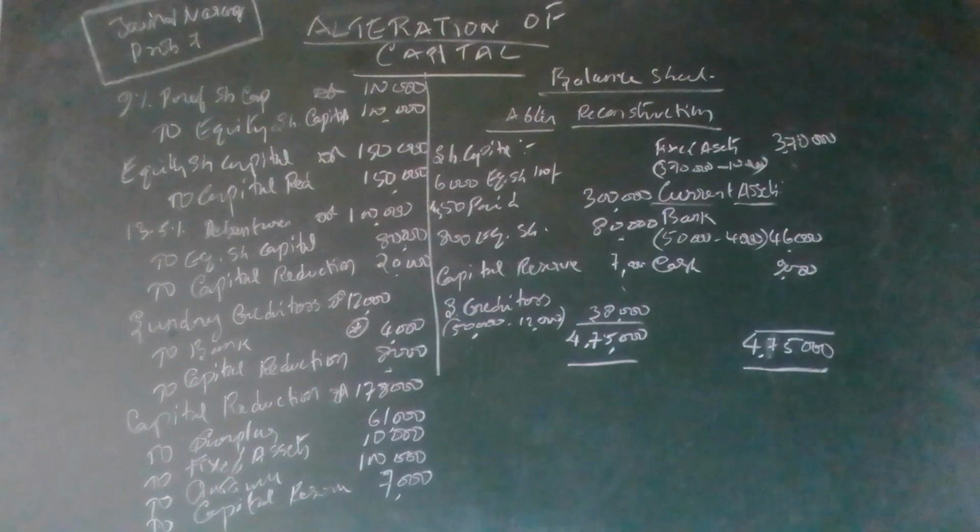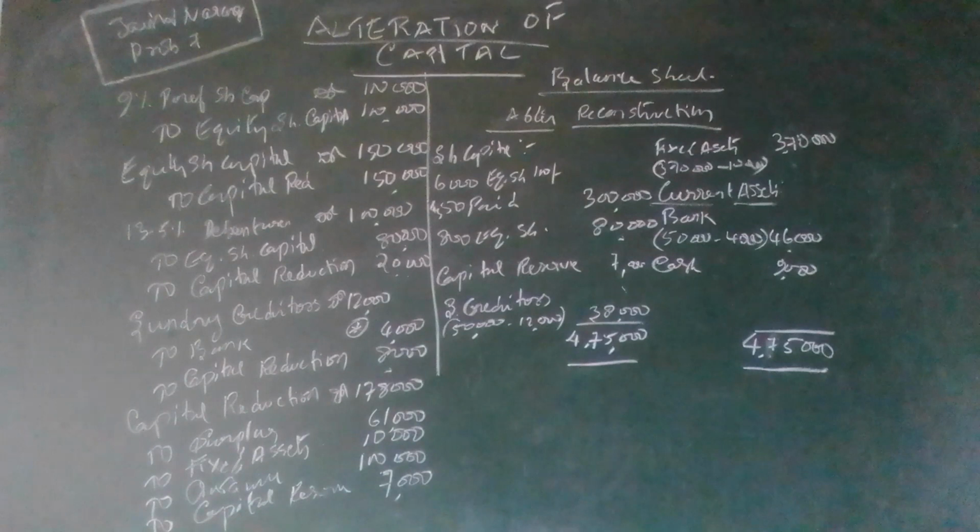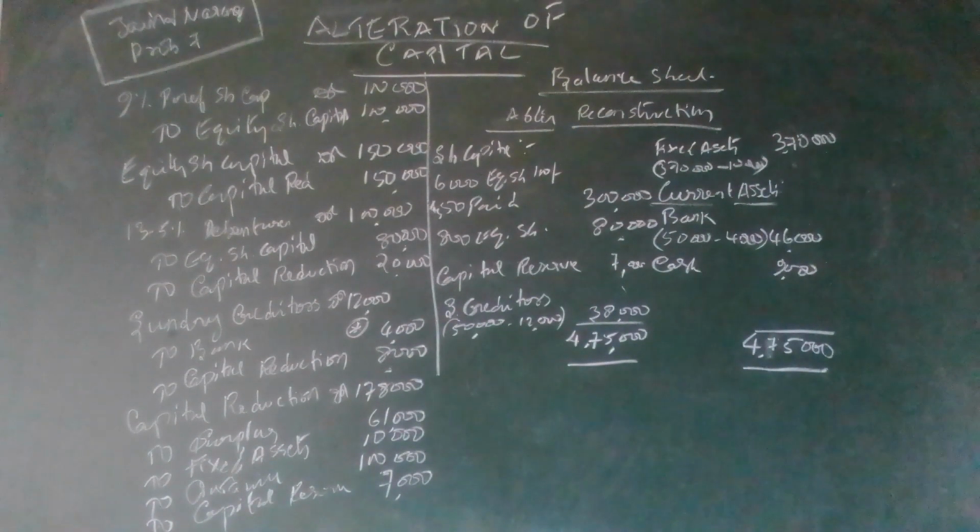So remission is 20%, which is 10,000, and 10% is discharged immediately. So we take the entry: sundry creditors account debit, bank account credit. What is the amount paid? 4,000 rupees that we are paying, and the capital reduction is 8,000 rupees. So in total 12,000 rupees we are debiting in sundry creditors.